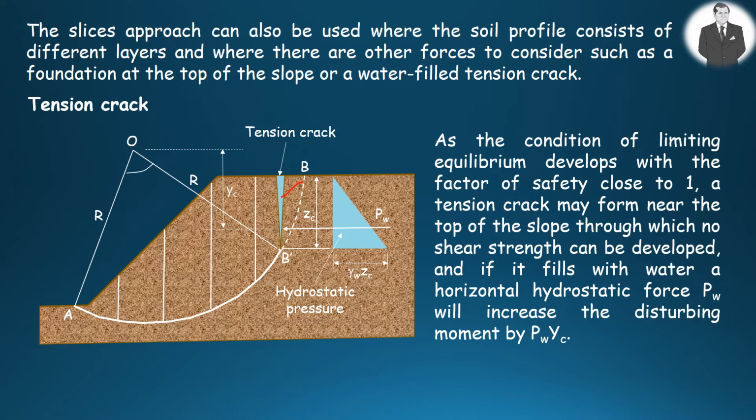And if the crack is filled with water, a horizontal hydrostatic force, as shown in the figure, will increase the disturbing moment by an amount of Pw times Yc. Yc is the distance as shown in the figure.